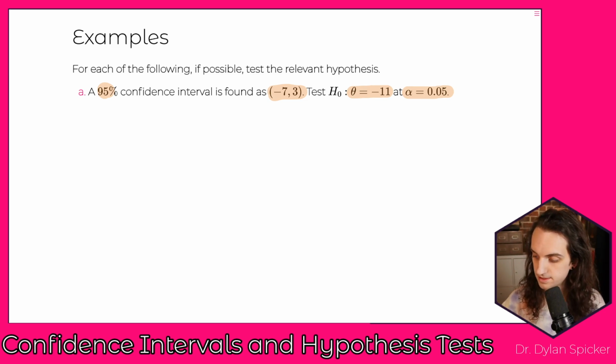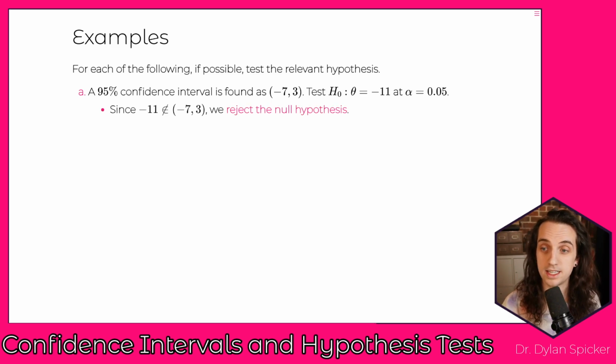And so in order for us to test at alpha equals 0.05, what we would need is a 95% confidence interval. Okay, and so to run this hypothesis test, because we have the correct confidence interval here, it's as simple as checking, is -11 inside of this interval here? And because -11 is not inside of the interval, we're going to reject the null hypothesis, right? And so since -11 is not in the interval, we reject the null hypothesis at the alpha equals 0.05 level of significance.